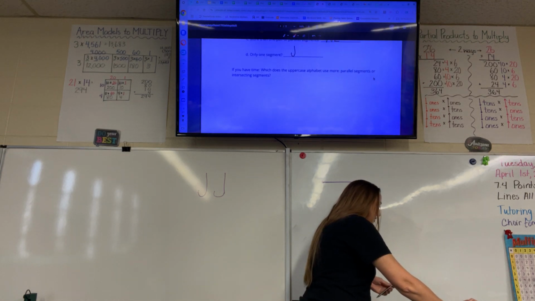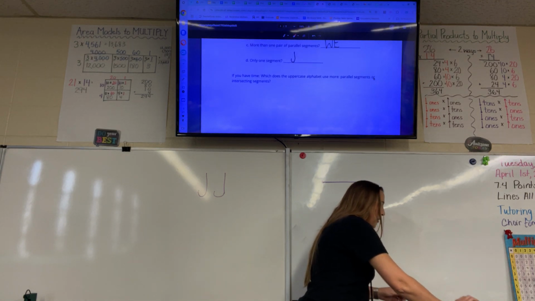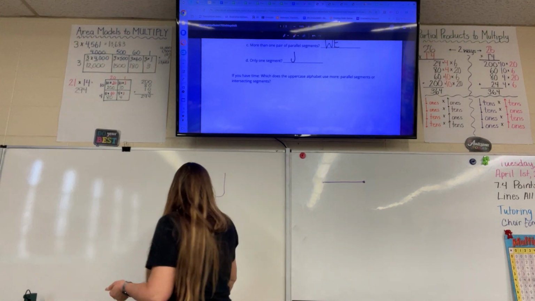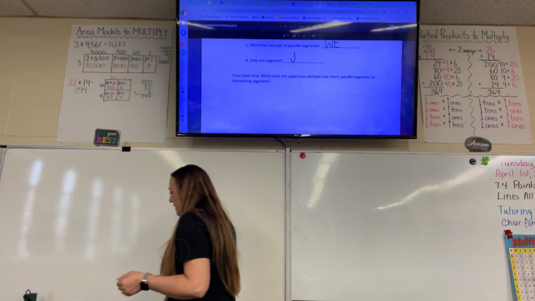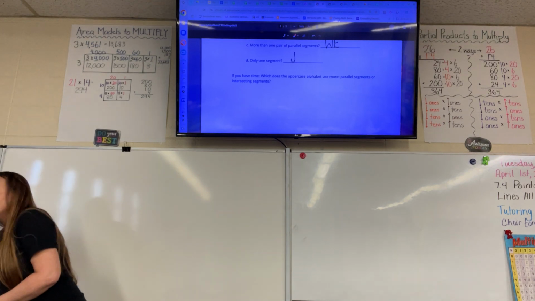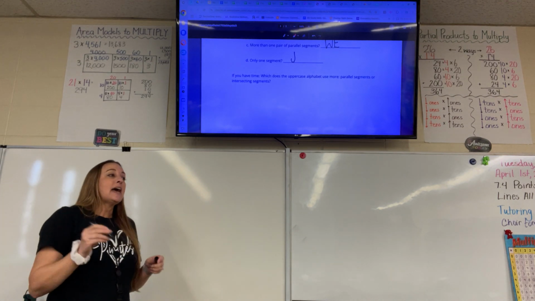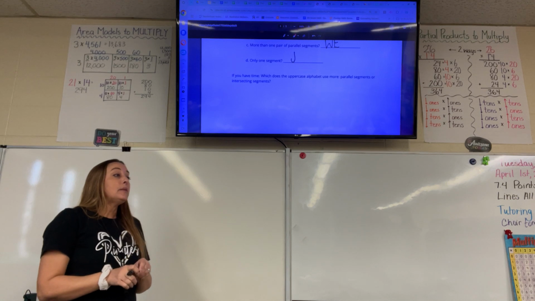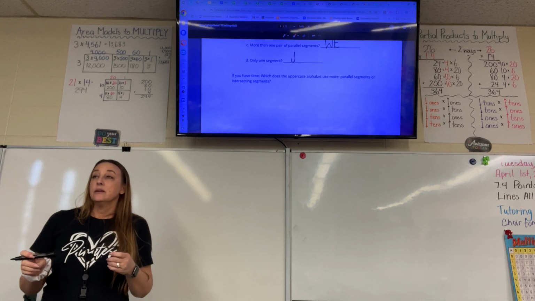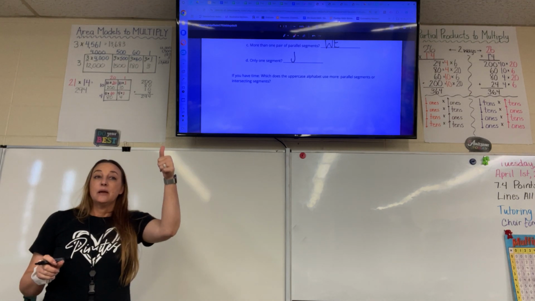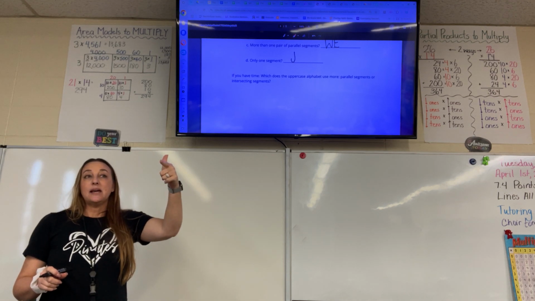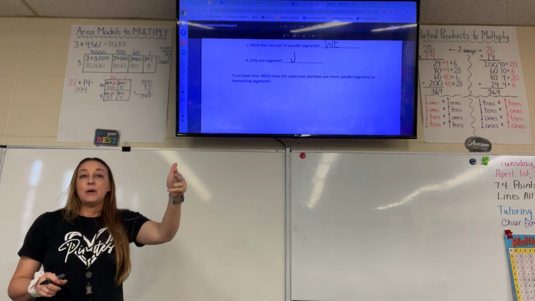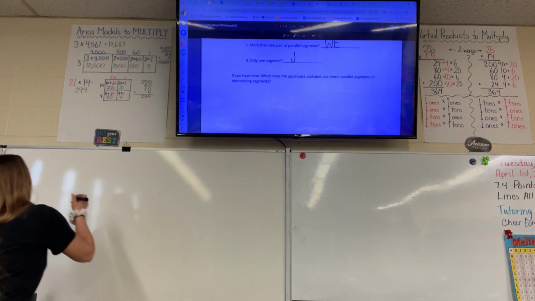Now what we're going to do is I am going to write the alphabet in capital letters up here, and we're going to continue going around the room to give you a chance to tell me whether the letter has parallel line segments, intersecting line segments, both, or neither.